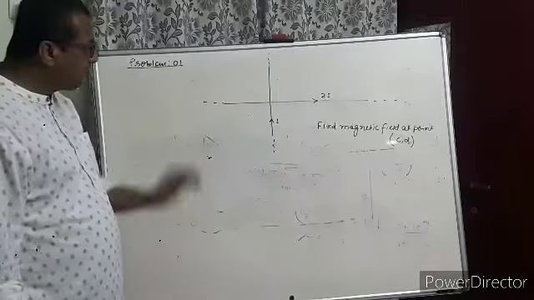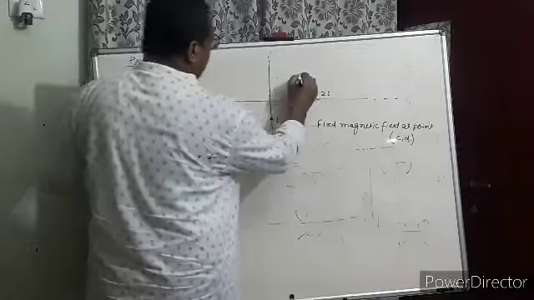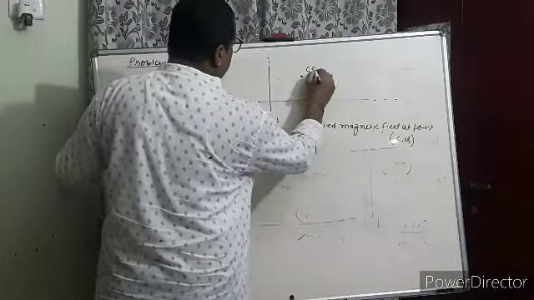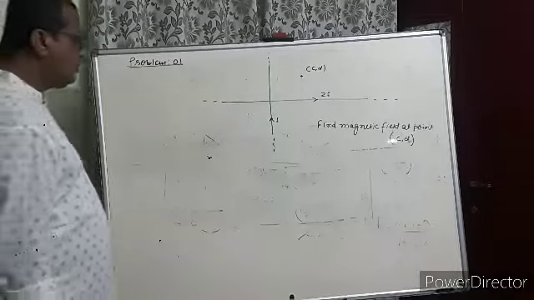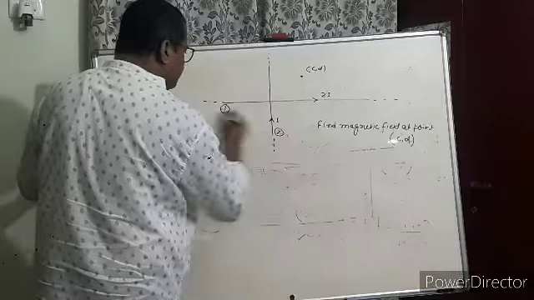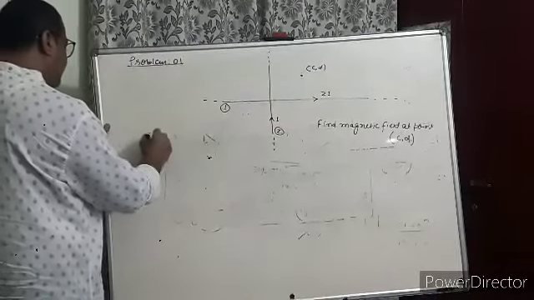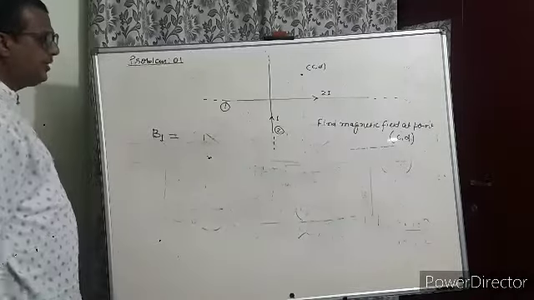Then first of all you have to indicate the point. This is C and D. Now first of all indicate the number. This is the first wire and this is the second wire. Magnetic field due to the first wire, B1.